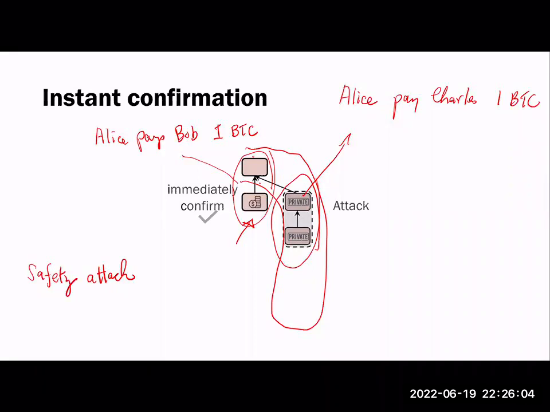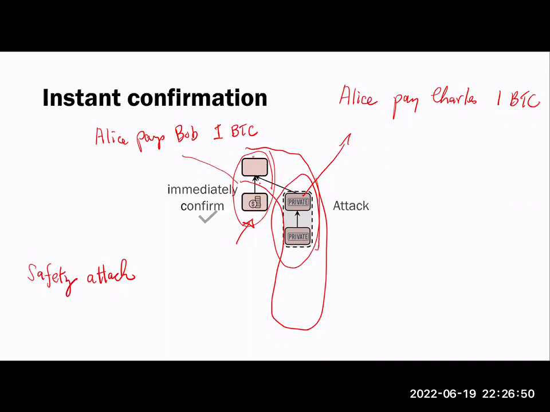However, the problem of this confirmation rule is that even if Alice has, say, 5% of the hash power, not 90%, the probability she gets 2 blocks is still not negligibly small. Because this is an exponential, a Poisson, a random event, right? So the probability you get 2 blocks before the 95% of the miners get 1 block is not negligibly small, maybe 1%, maybe 2%. It's not a very small probability.